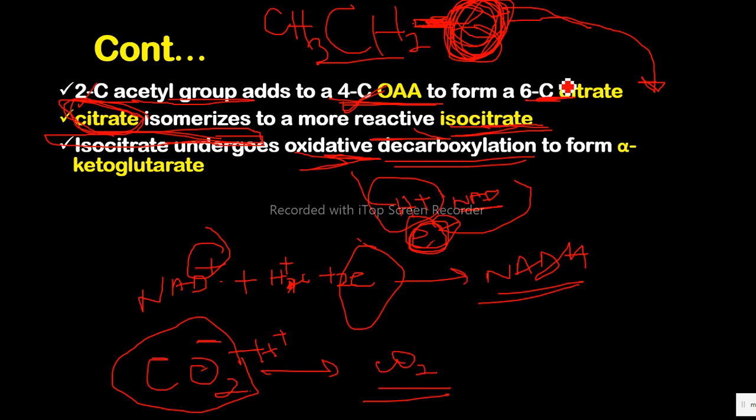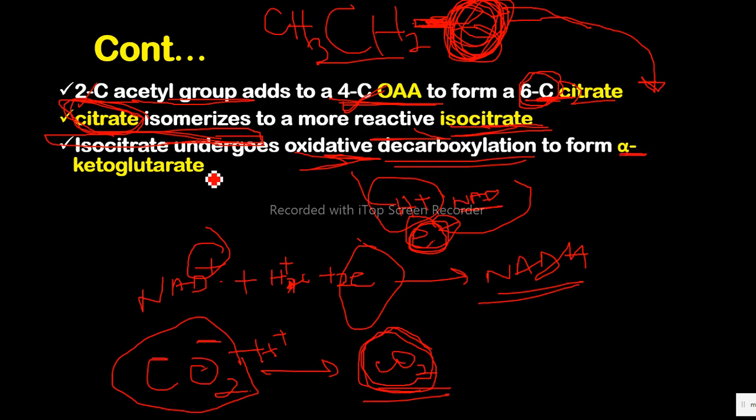Now, initially you have a 6 carbon compound, citric acid. It undergoes oxidative decarboxylation to form a compound called alpha ketoglutarate.